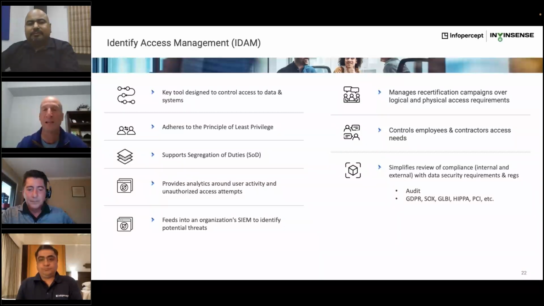But using analytics, you can see where unauthorized access attempts were made. You can see where people have access to systems they probably should not have. And that can be fed into your SIEM system as well as another precursor for your cyber resilience. It's just another data point that identifies where potential applications or systems may become vulnerable should someone get access.